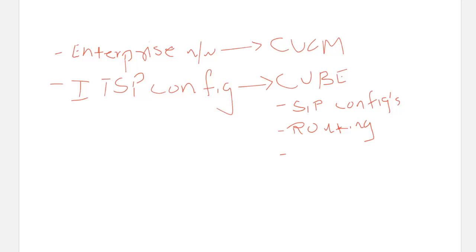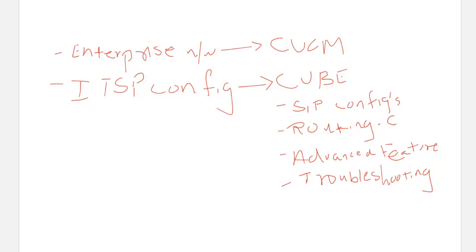Then we are going to look at advanced features of a CUBE, and then we are going to look at troubleshooting. So this would be about the ITSP side of the configurations, and this is called call routing.